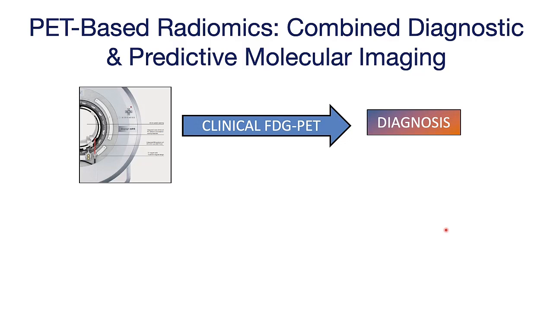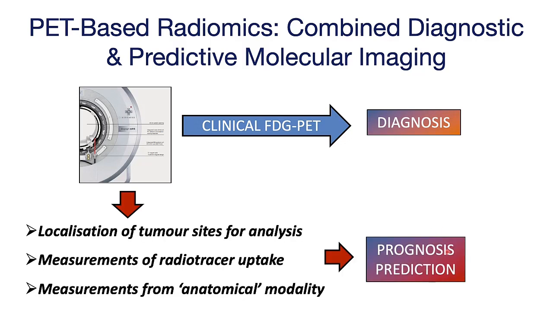And at the same time, we can get prognostic and predictive information, in which case the PET is used either for localizing tumour sites for analysis, for instance, texture analysis, or we could use the measurements of radiotracer uptake, and also we could use the measurements from the anatomical modality, 'anatomical' being in inverted commas, because many of these measurements are actually functional.